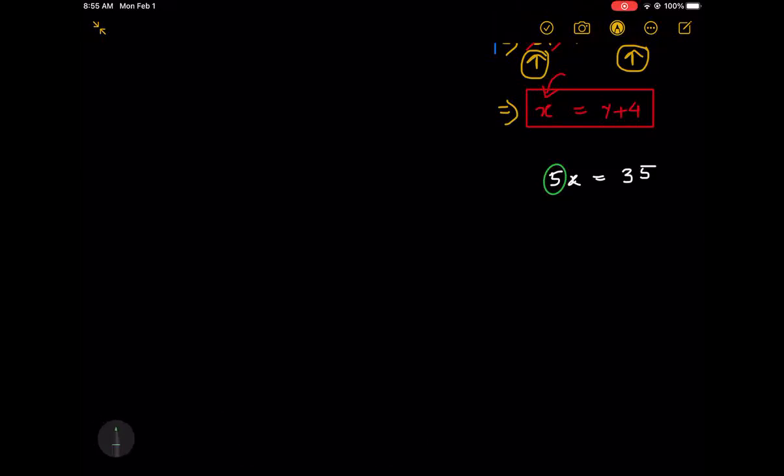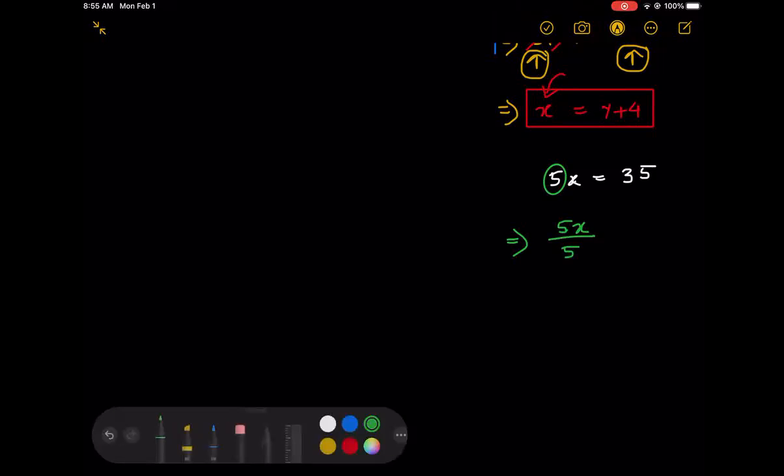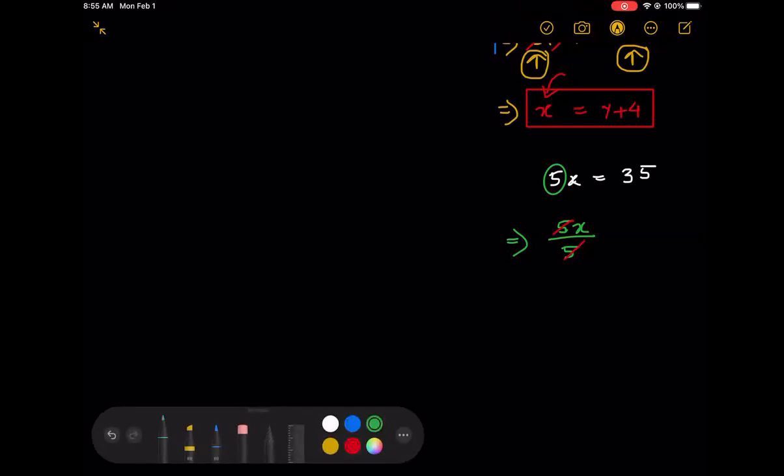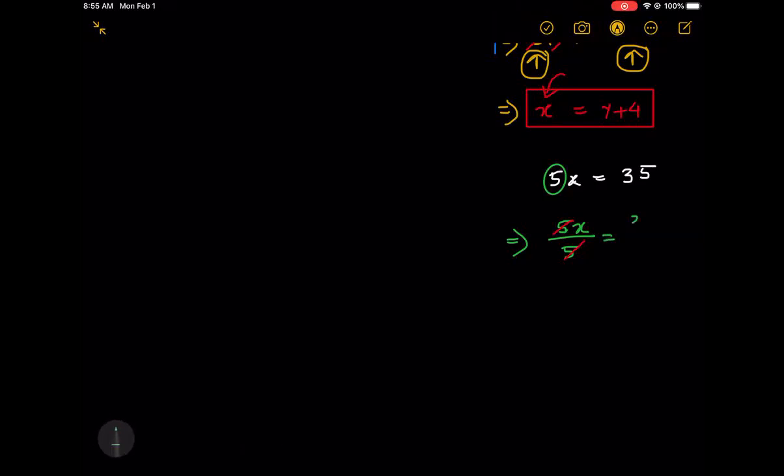If we want to get rid of this, we need to divide by 5, because that way those 5s will cancel each other. Let me show this here. If I can somehow divide this by 5, you can clearly see this will help us get rid of this 5, right? Now, again, if we do that on the left side, we need to do that on the right side as well.